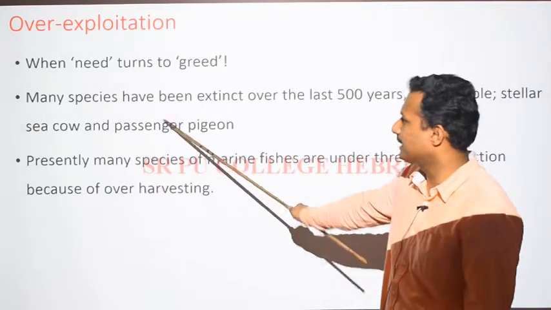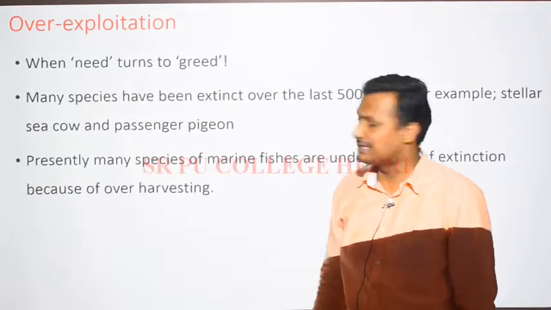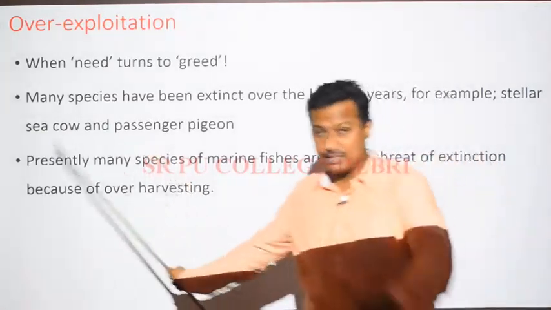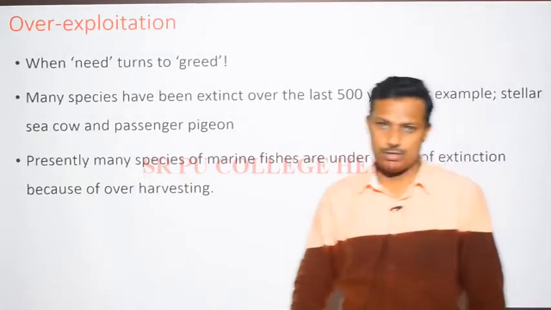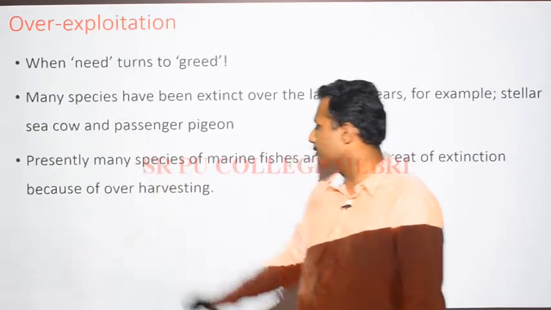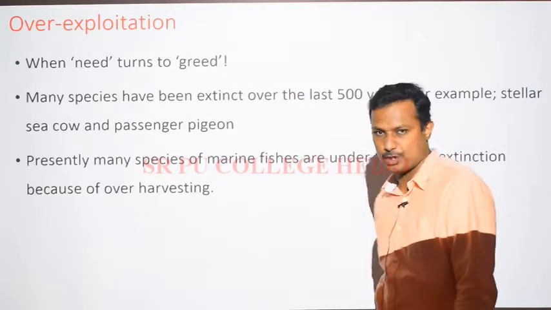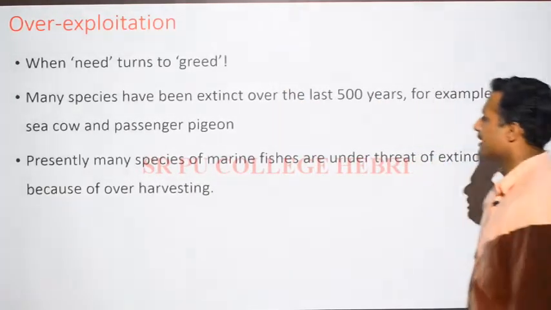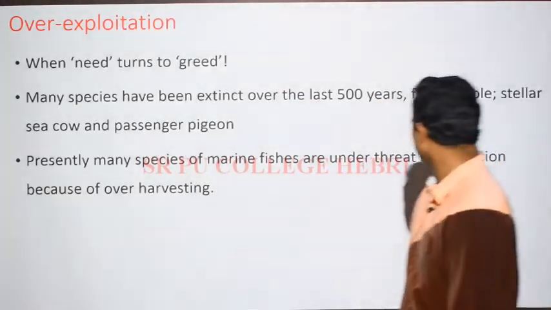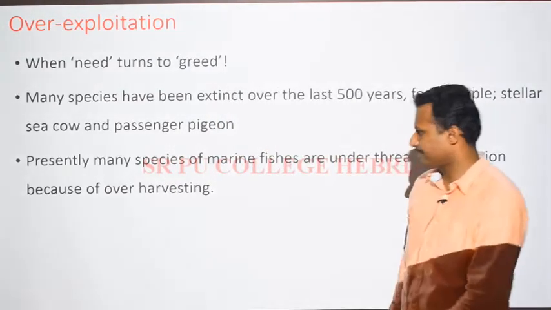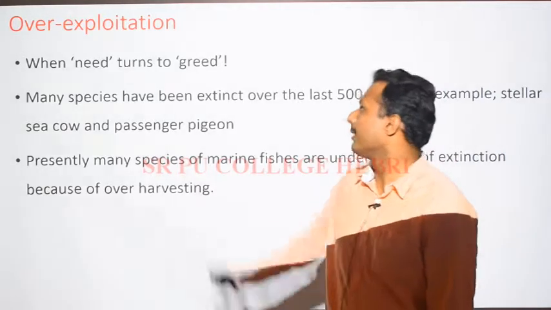You have to remember these two examples for over-exploitation. One is the Steller's sea cow, which was in Russia, and the passenger pigeon is another example for the loss of biodiversity, or extinction of species, because of over-exploitation. Presently, many species of marine fishes are under threat of extinction because of over-harvesting, right? So this is about over-exploitation.